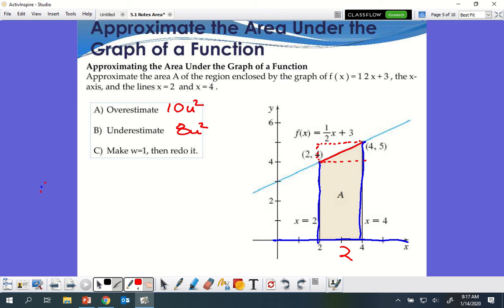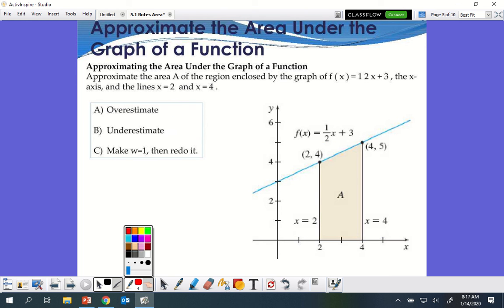Okay, and it says make W equal 1. So what that is saying is, if W is 1, I'm going to change the width.